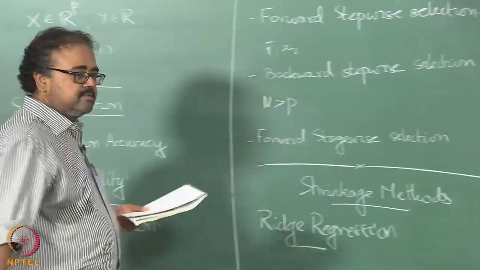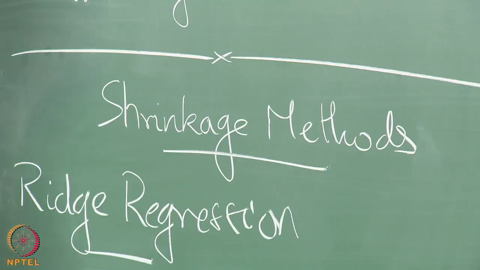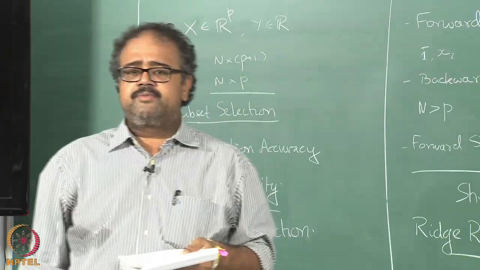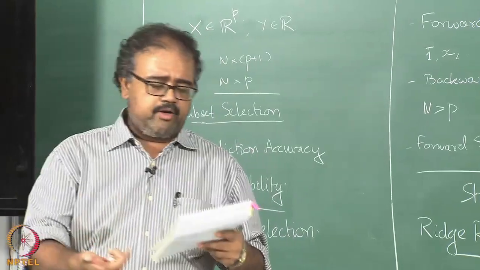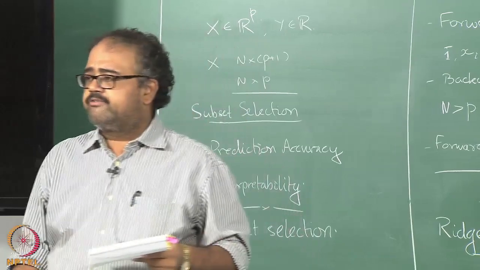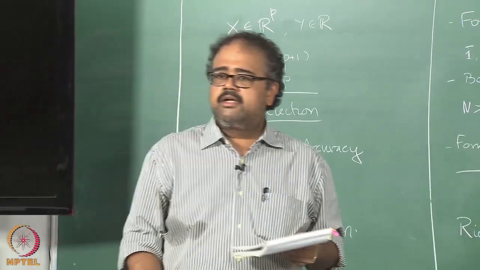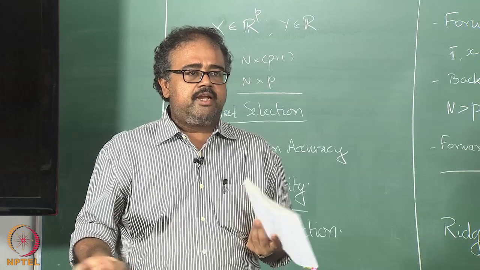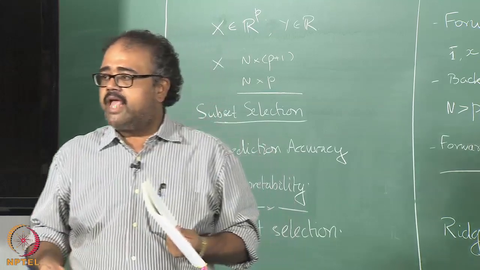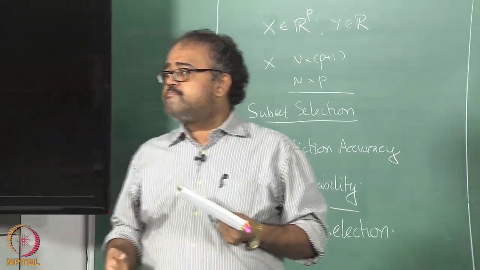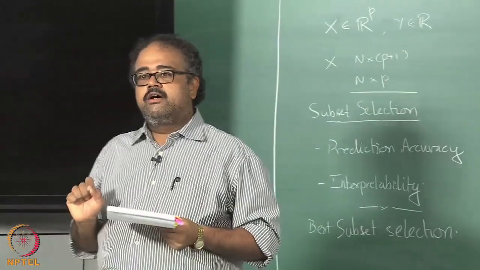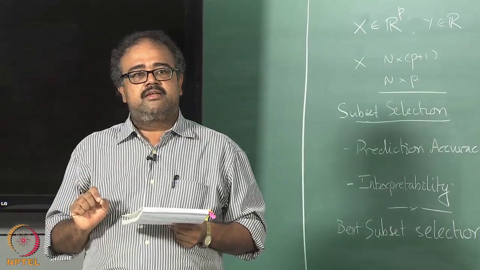is called ridge regression. The whole idea behind all of these shrinkage methods is that you are going to have your usual objective function, which is the sum squared error. You are going to try and minimize the sum squared error. In addition, you are going to impose a penalty on the size of the coefficients.